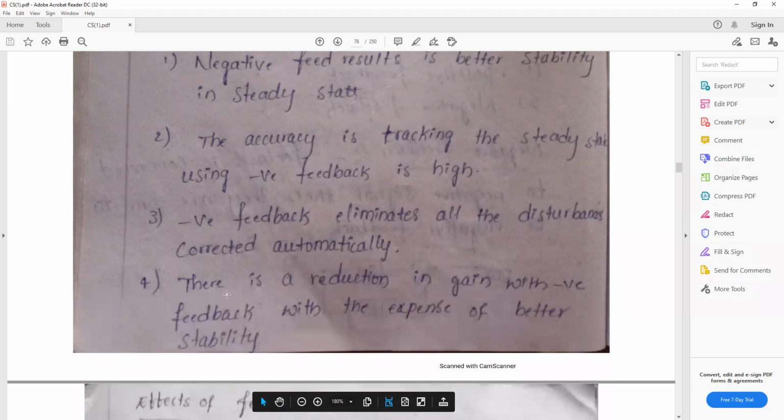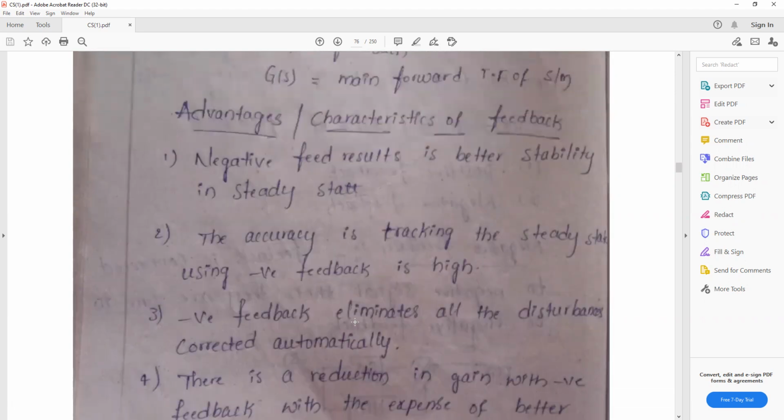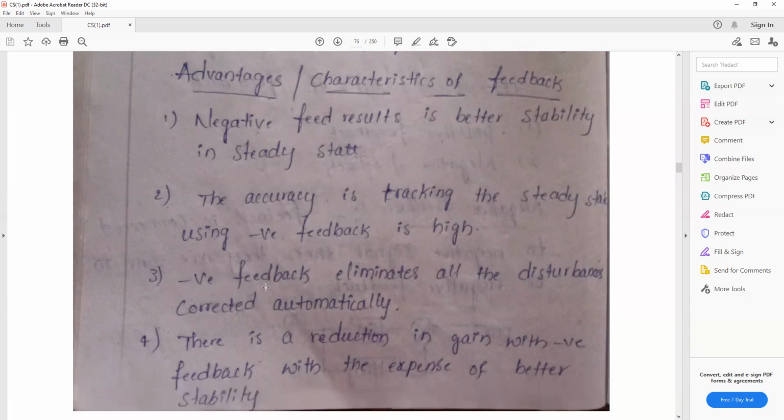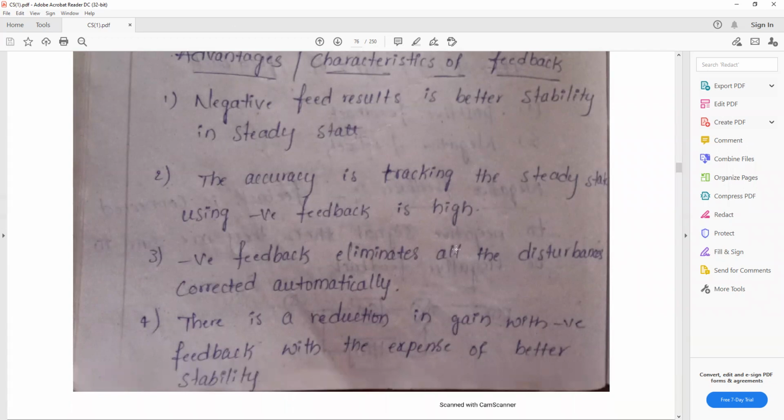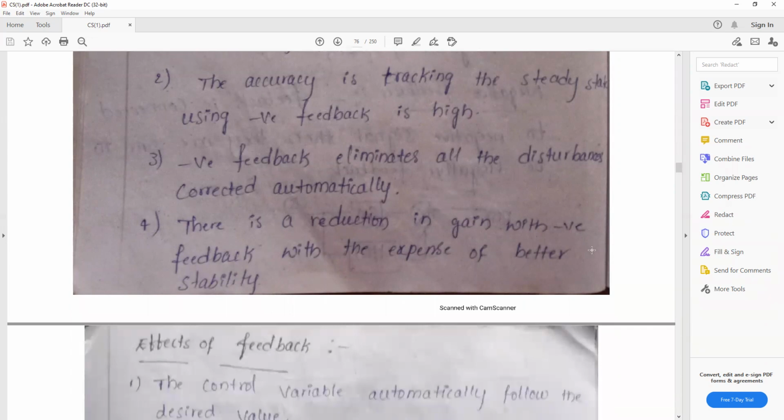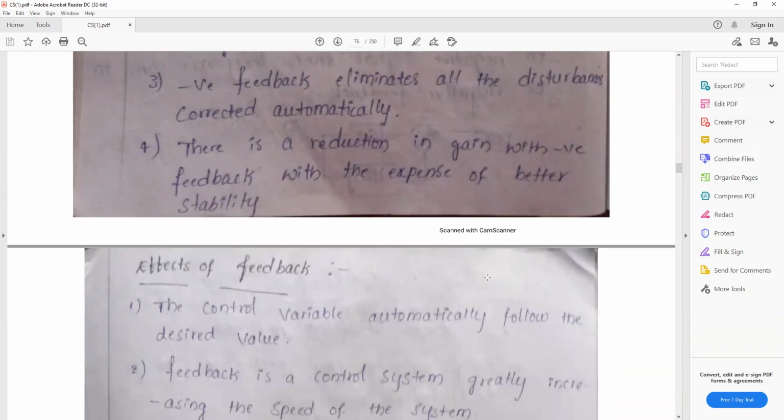Fourth, there is a reduction in gain with negative feedback, at the expense of better stability.